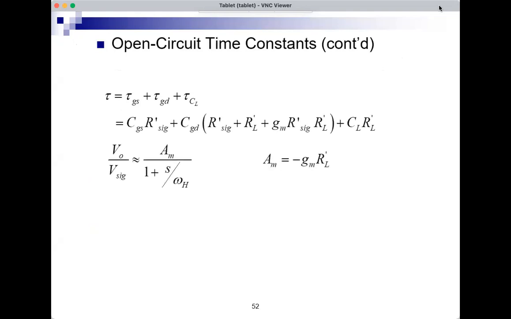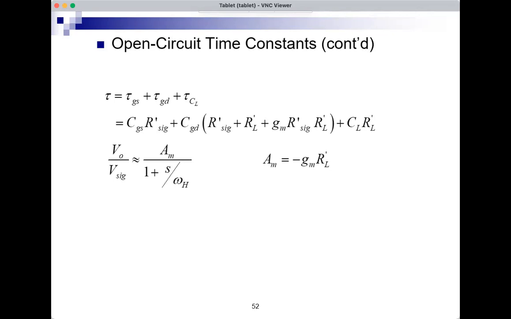And this is an estimate of the gain function now. I know the low frequency gain, minus gm R prime L. If I don't know it, I can find it by doing the small signal analysis at low frequency and finding Vo over Vsig. For the common source amplifier circuit we have, it is minus gm R prime L. And now we have an estimate for omega h.